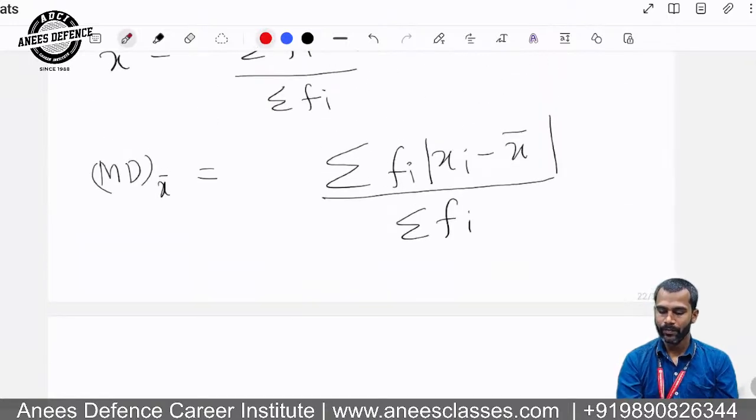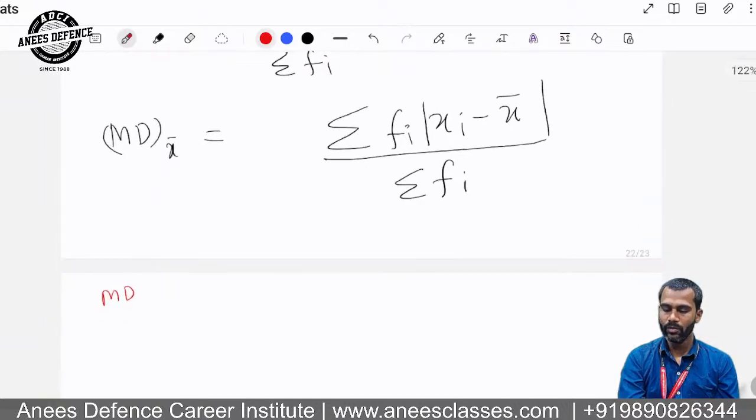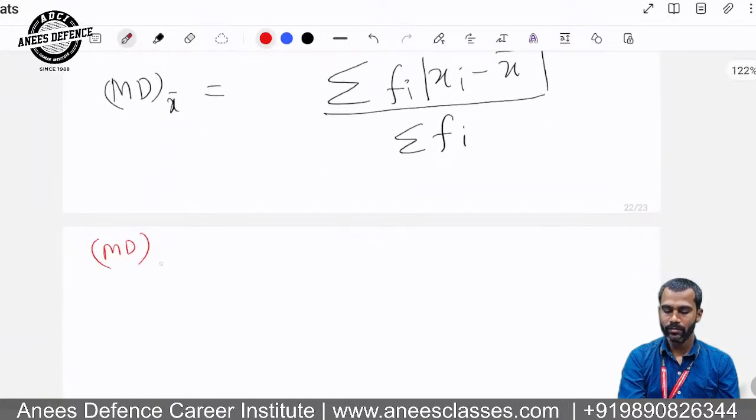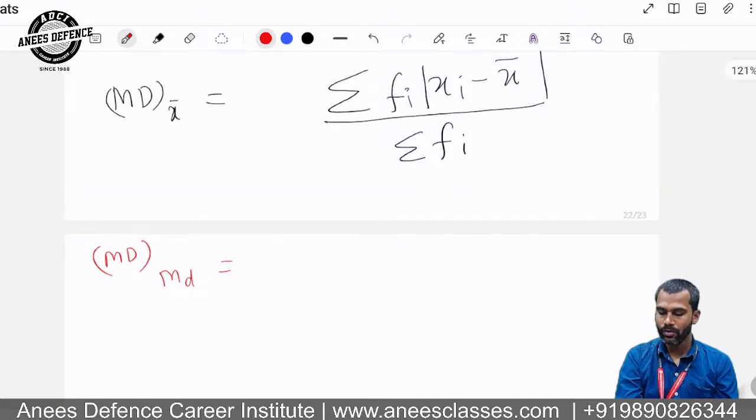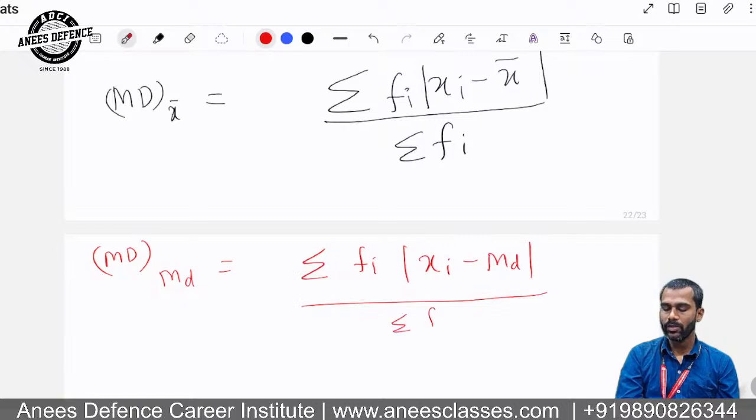Similarly, I can write two more formulas. Mean deviation about median, tell me. We have to find out median for that. So summation fi mod of xi minus median, divided by summation fi.